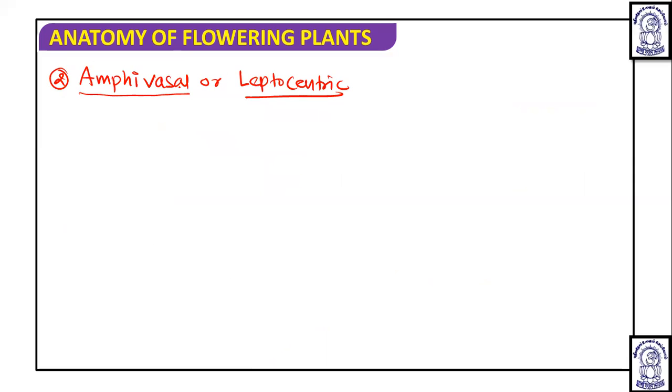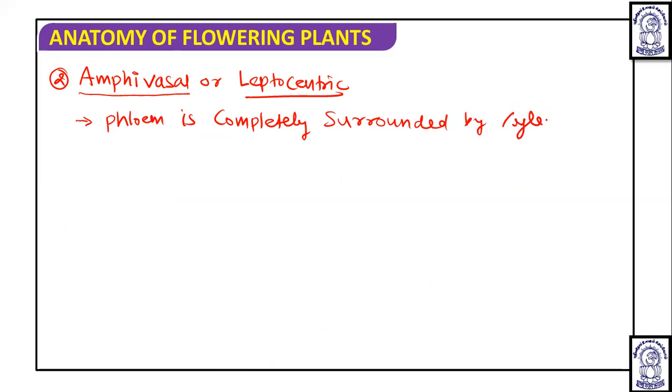Now the second type is amphivasal or leptocentric. When we talk about this amphivasal or leptocentric, in this type of vascular bundle phloem is completely surrounded by xylem.